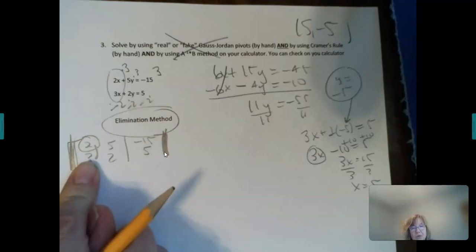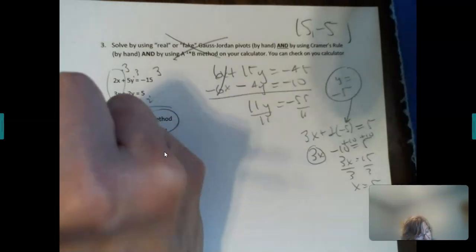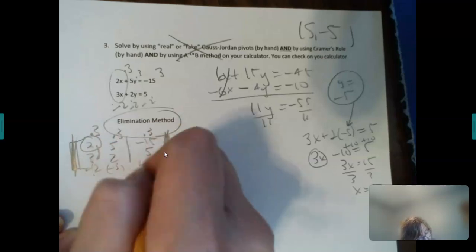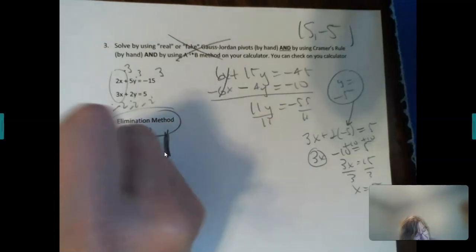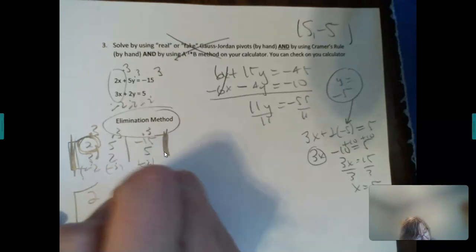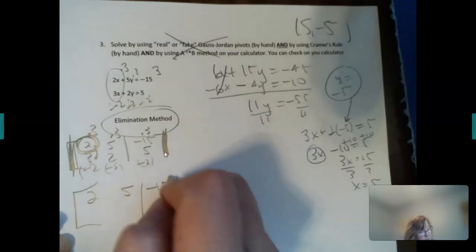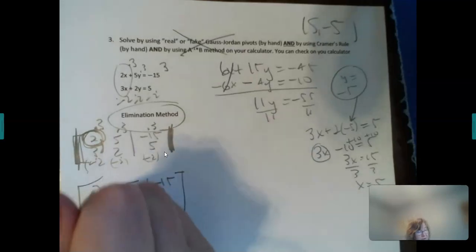All right, so look, 2 and 3. 2 times 3 is 6. You want 6 and a -6. So I'm going to multiply again, just like I did up here, the top one by 3 and the bottom one by -2. So same as here. Now, the only difference is your pivot row is permanent, so you can't really change it. Like here, you can change it, but in matrices, the pivot row is permanent, but you can change it on scratch paper.